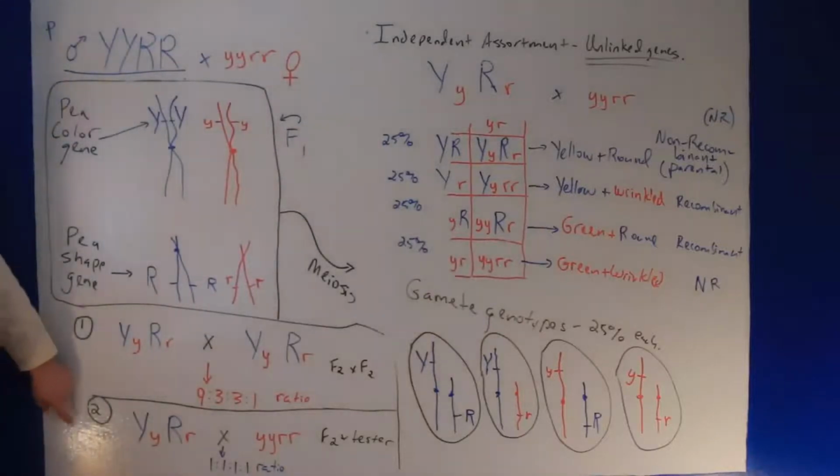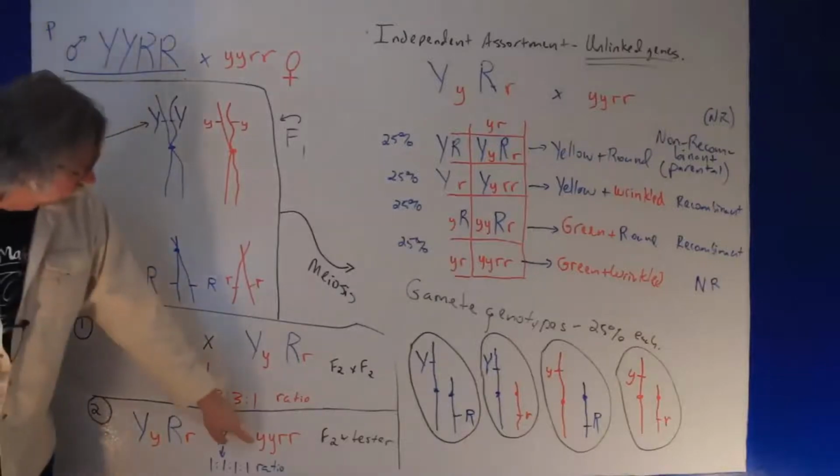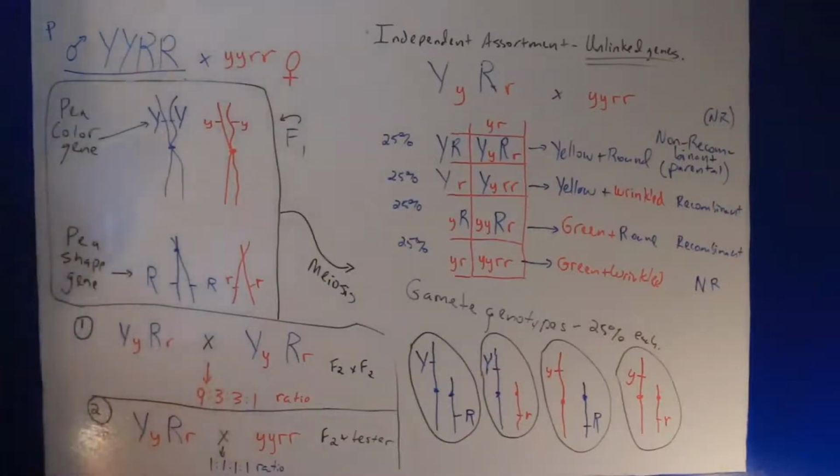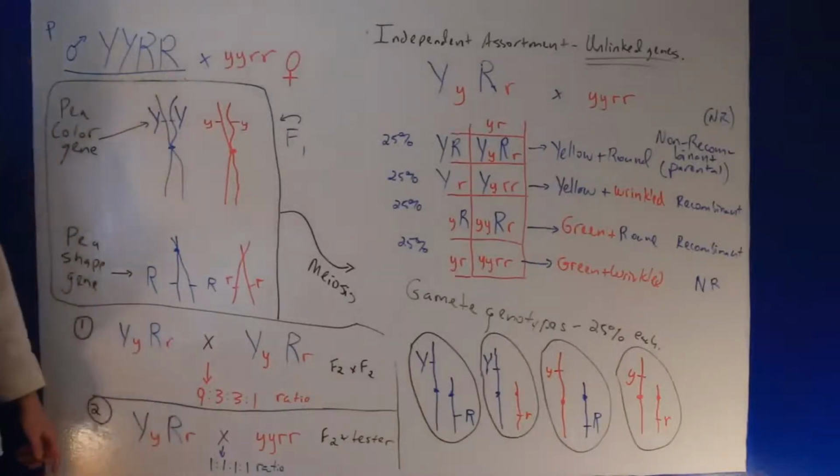The other cross he did was to cross a double heterozygote F1 to a tester individual, homozygous recessive green and wrinkled plants. When he did that, he always saw the 1 to 1 to 1 to 1 ratio, 25% of each offspring.